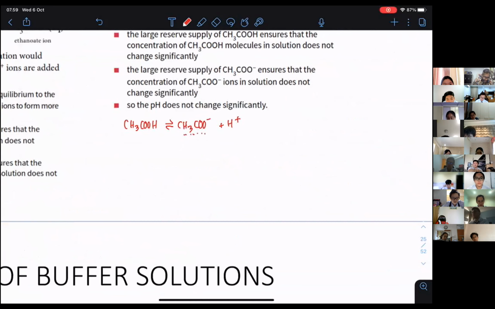Most of the CH3COO minus comes from CH3COONa, because it's a salt and separates completely into CH3COO minus and Na plus. So most of this ethanoate comes from the sodium salt.